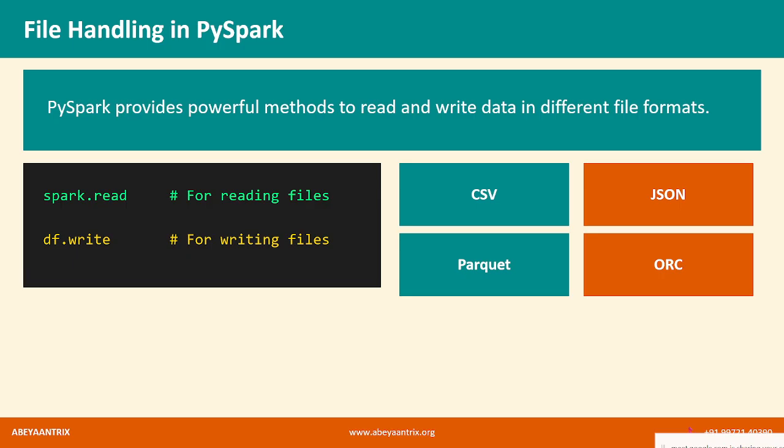Here you can use Parquet files, ORC files, many kinds of files PySpark will support, not only CSV and JSON. For reading files we use spark.read, whether it is CSV or JSON, that follows after read. Then df.write for writing the files. Now we shall see how to read and write different files.